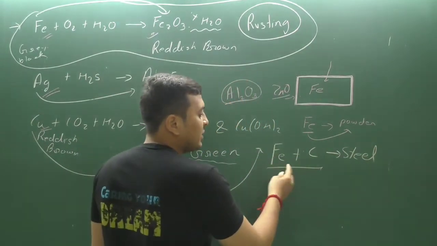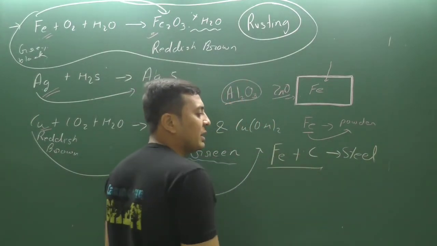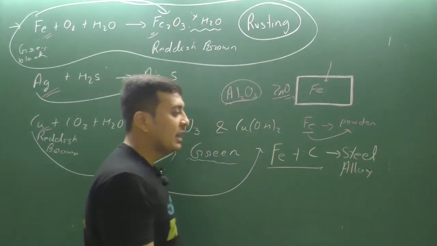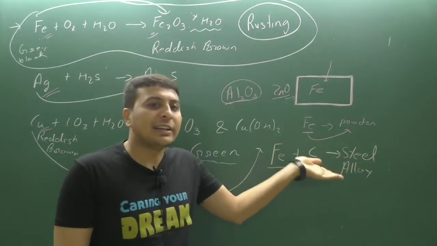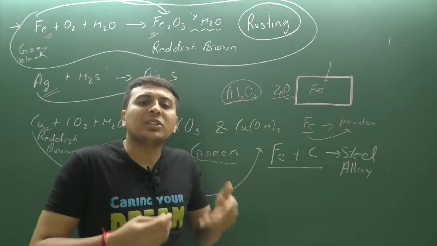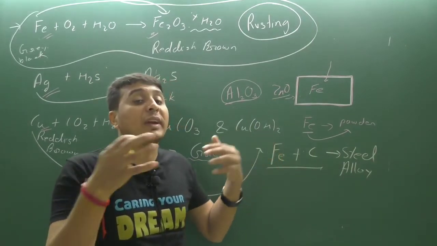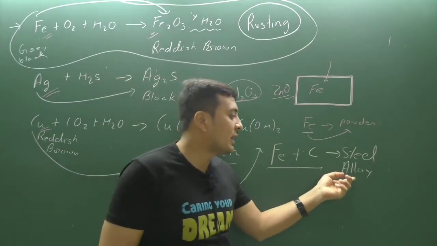See, this is a mixture, that is a mixing of iron and carbon, it forms steel. Then this is known as alloy, because it is a mixture of metal and a non-metal. So there can be a mixture of two metals, or one metal and one non-metal. It can be a mixture of any of the elements and it is known as alloy.